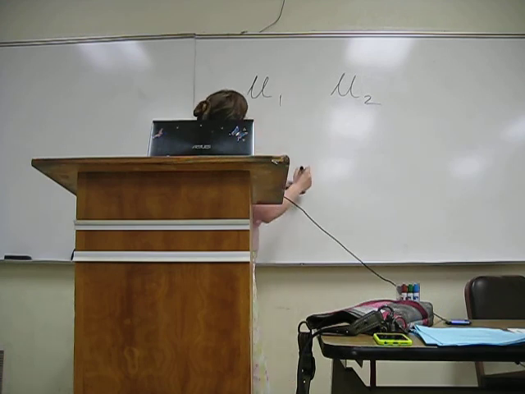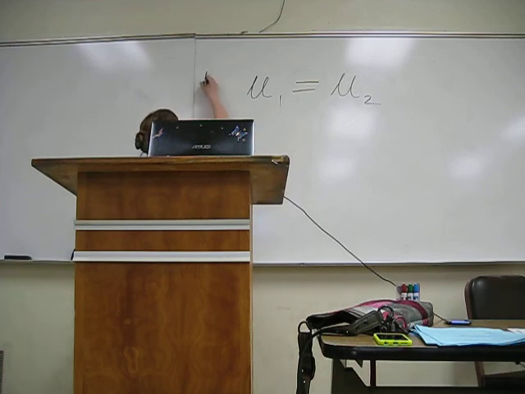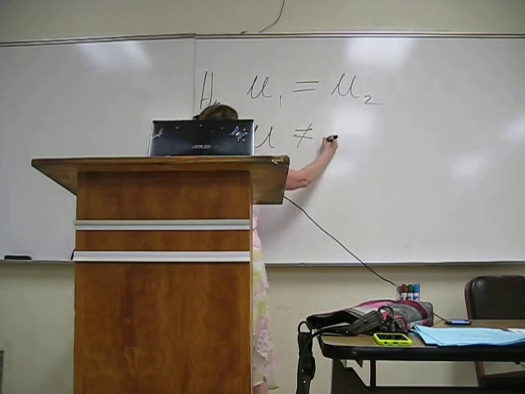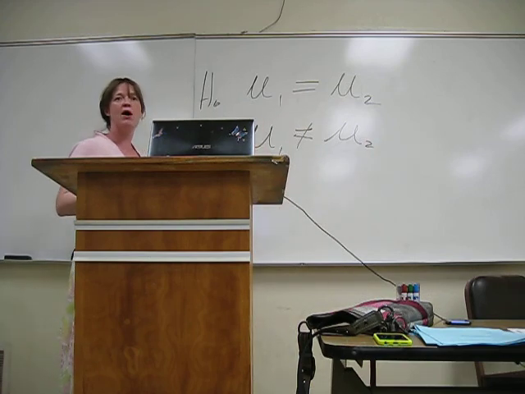So here's my null hypothesis. What has got to be the alternative hypothesis that goes with this one? Not equal. The mutually exclusive, collectively exhaustive opposite. Do you see how I'm trying to make a decision about a population parameter, mu?